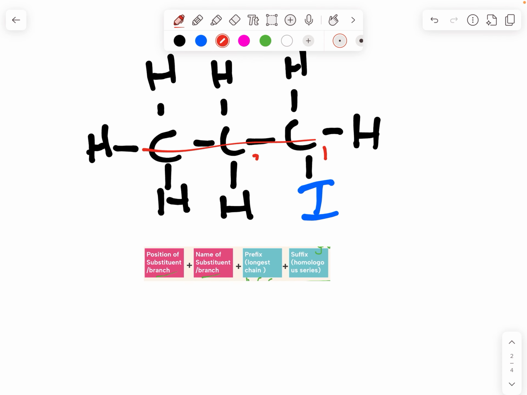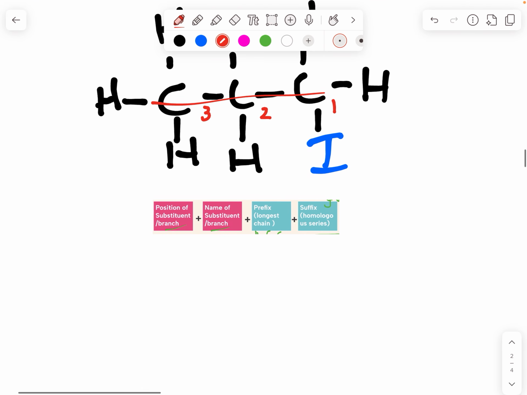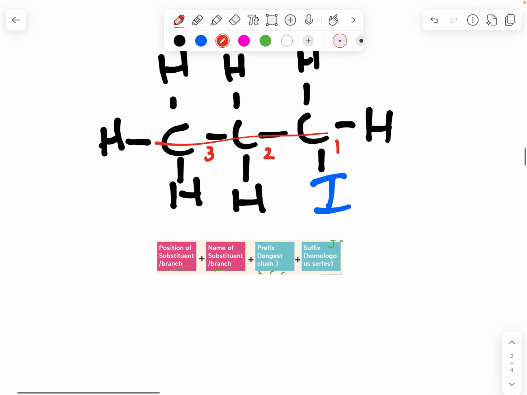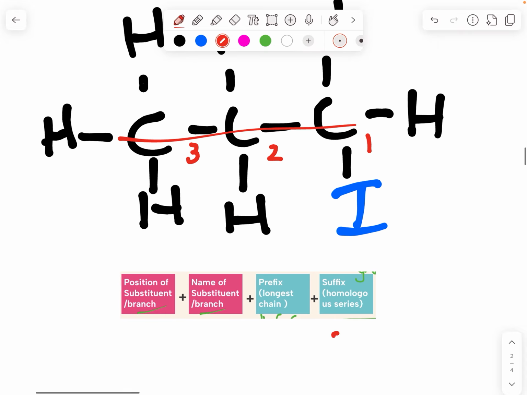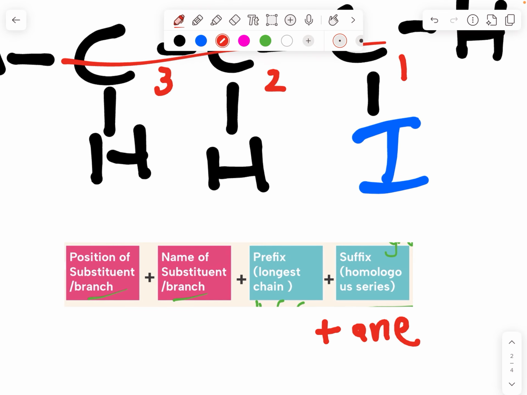We have 1, 2, 3 carbons. All right. Now we need to do our suffix. The suffix is the functional group, right? It's only C single bond C, so that would of course be ane. And for prefix, it's the longest continuous carbon chain. We have 3 carbons, so 3 is prop, after meth and eth.